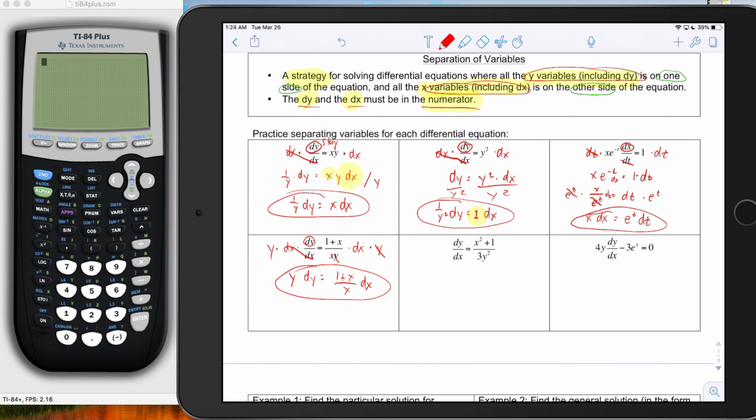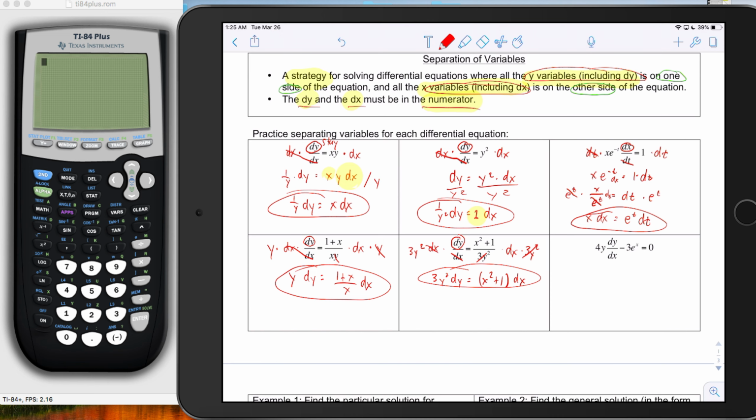Our next part, we have dy that's going to stay. So I'm going to multiply everything by dx to kick that out. And I'm going to multiply by 3y squared to get this guy out. So I'm left with 3y squared dy is equal to x squared plus 1 dx.